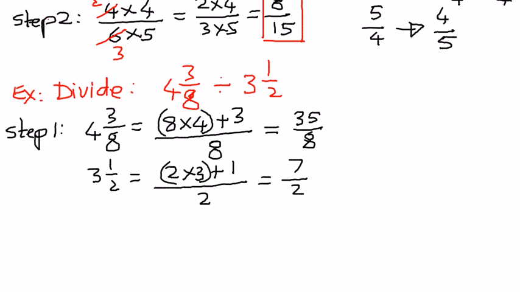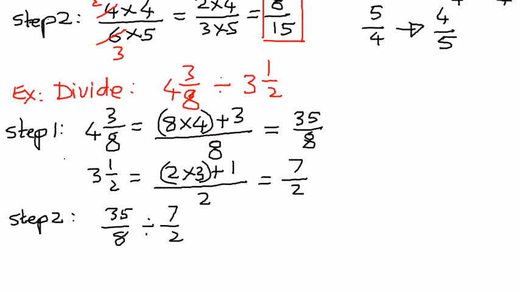So we have converted the mixed numbers into improper fraction format, and now, as step number 2, let's put them together here first. 35 over 8 divided by 7 over 2.